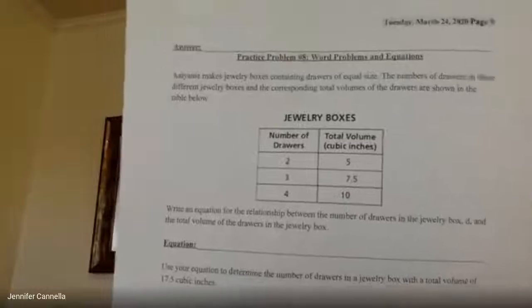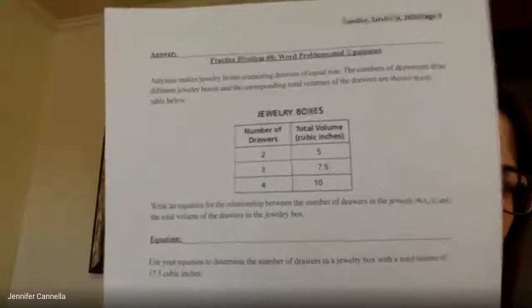Write an equation for the relationship between the number of drawers in the jewelry box, D, and the total volume of the drawers in the jewelry box. All right, let's start there because there's a lot of information here.